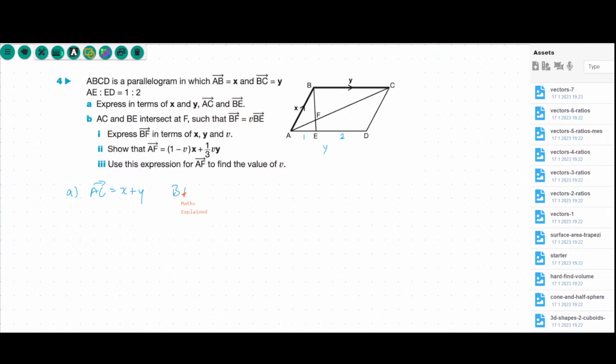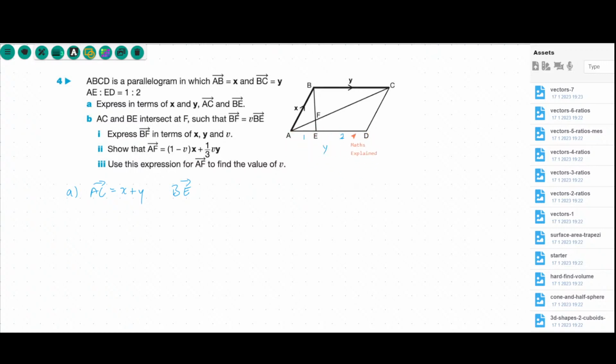Then we need BE. BE is down here. So BA to AE is one path we could take. So BA is negative x, and then AE we have to think a little bit. Because I made this note, I know it's a third of AD. Okay, so what was AD again?